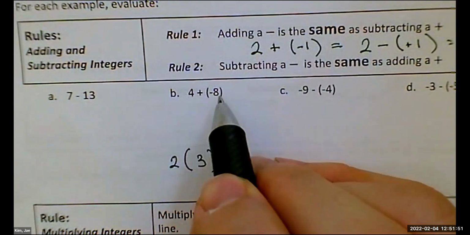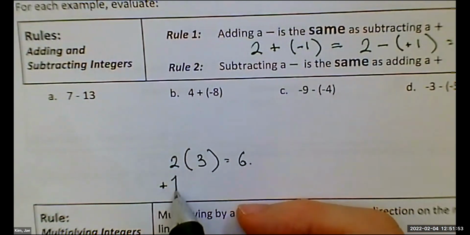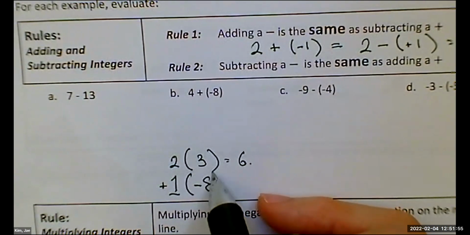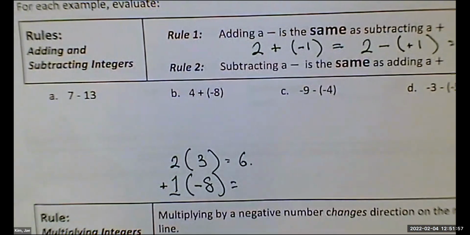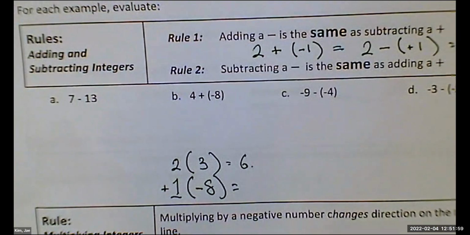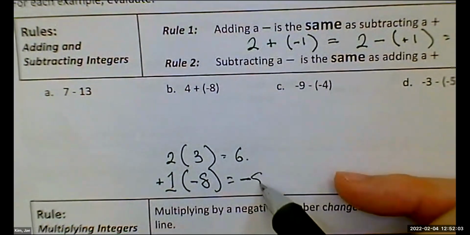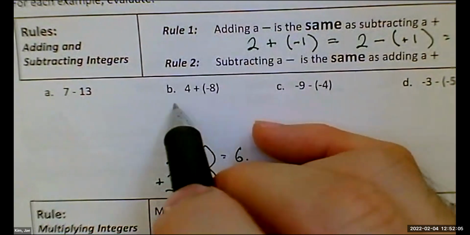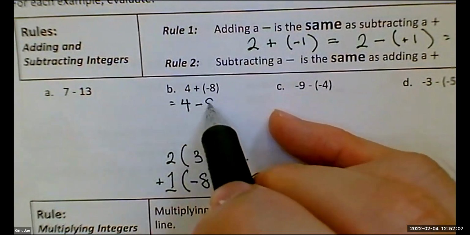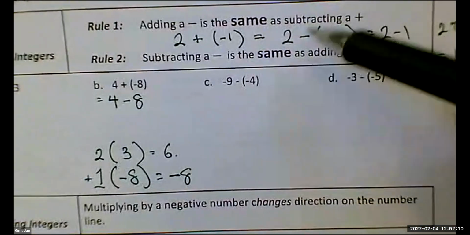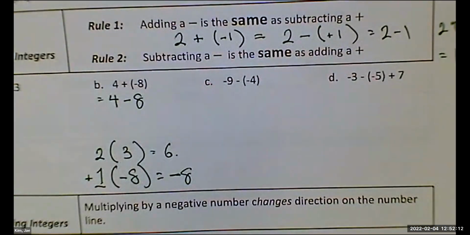A plus -8 is like saying a +1 is in front of a -8. So positive times a negative is negative. 1 times 8 is 8. This is the same as saying 4 minus 8, which agrees with the rules that we just stated.